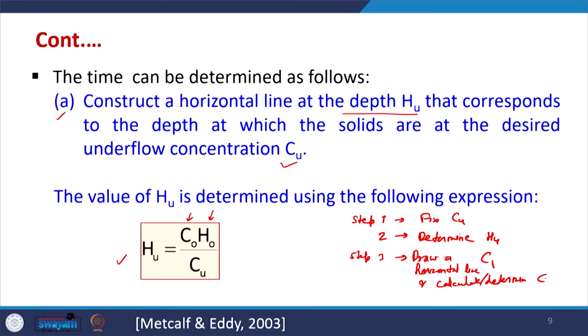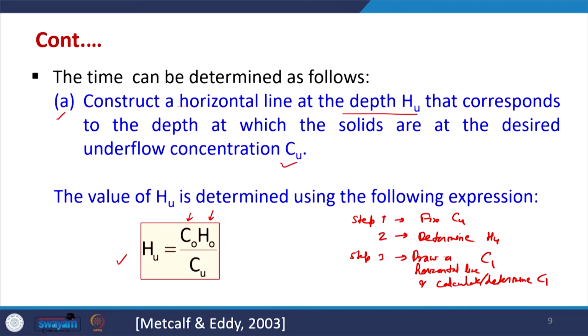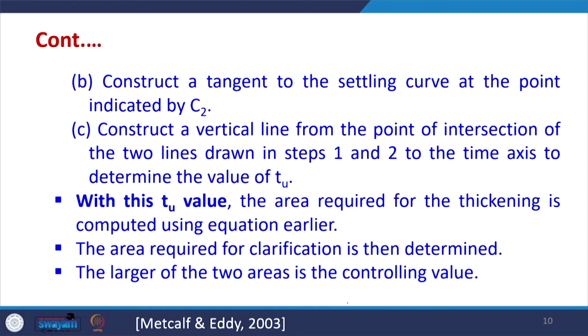This is the third step. Now, what we do is that we draw two tangent lines in step 4. Actually, we will draw two curves, we can call it step 4.